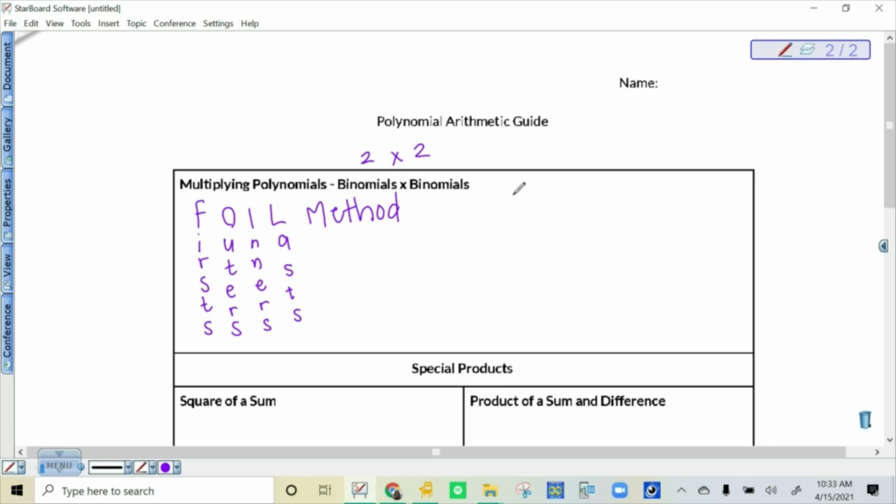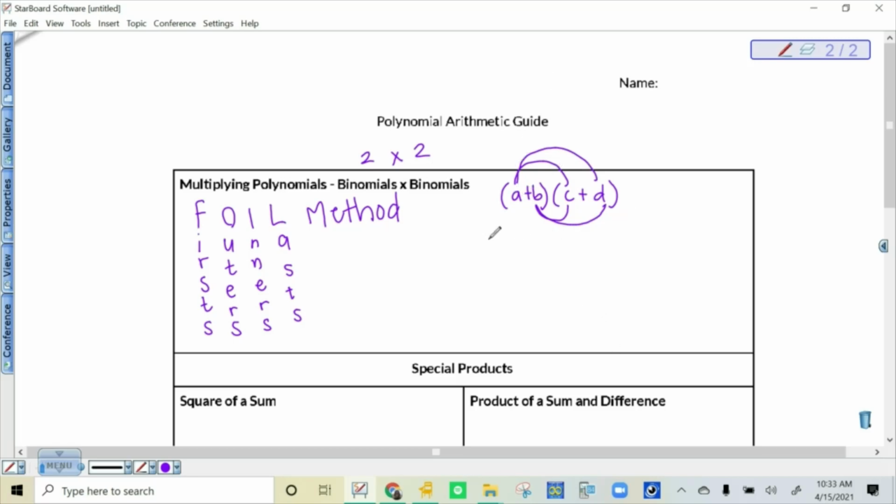So if I have A plus B times C plus D, again, this is just distributing. So I do first times first, outer times outer, inner times inner, last times last.